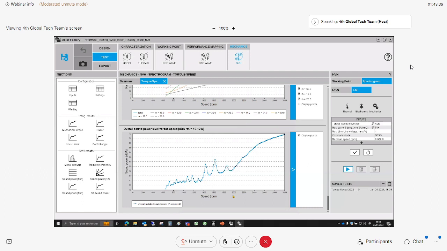So in lower speed we have higher noise, and maybe you are fortunate to have this working point here, and we can expect that for this machine, it is called synchronous reluctance machine.